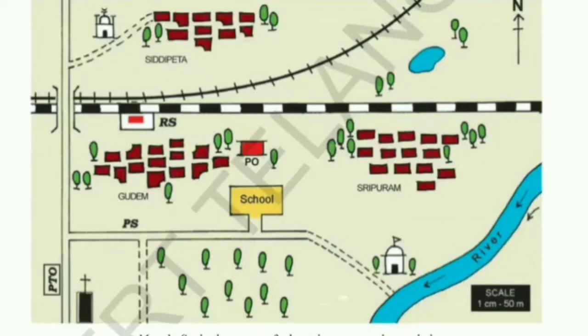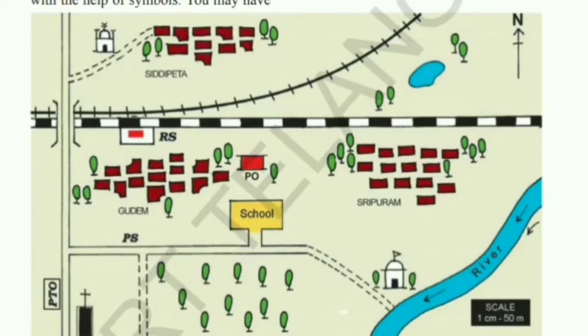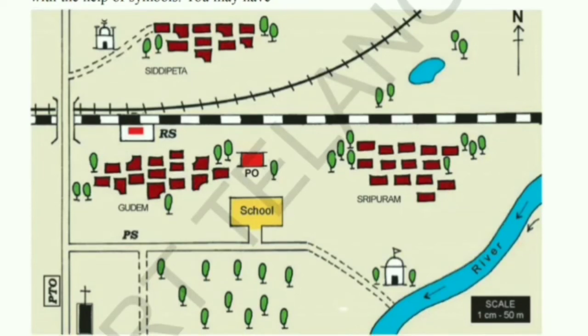Here they gave some images. Trees, masjid, temple, post office, police station, railway station. Right? All these comes under symbols. Right top corner they gave an arrow symbol, and it is showing north.